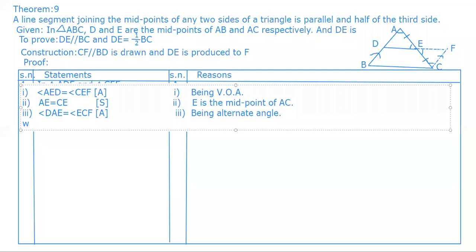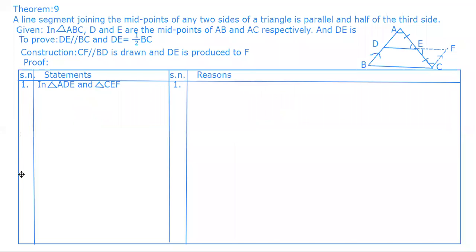Now, from these three, angle side angle, we can write triangle ADE is congruent to triangle CEF by the angle side angle axiom.